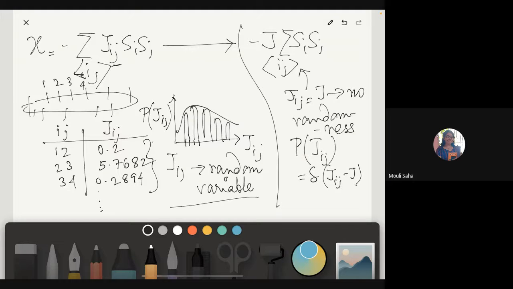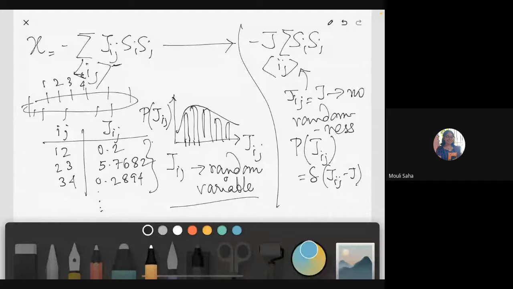While in the general case, there is a randomness, and this distribution could be anything. The one who gives me the J_ij values is the one to decide what the distribution is like. He may say that these are taken from, I don't know, a Lorentzian distribution or this, that, etc. But these are random variables.